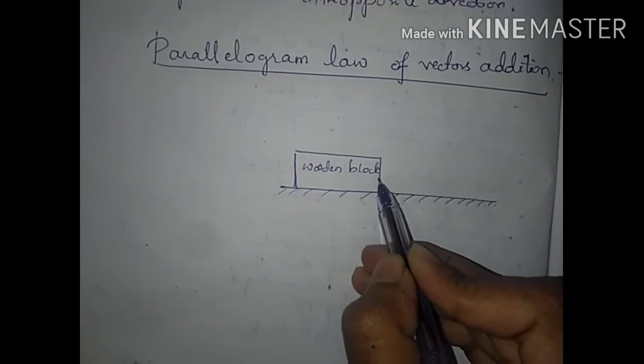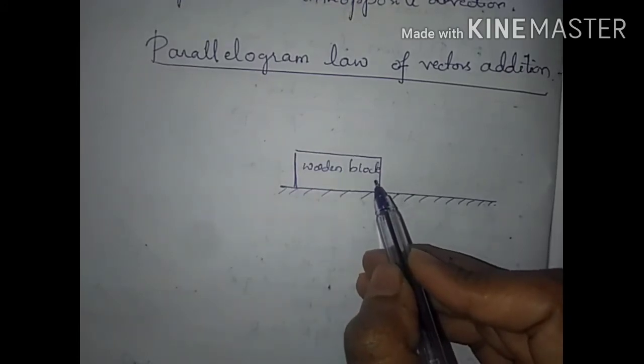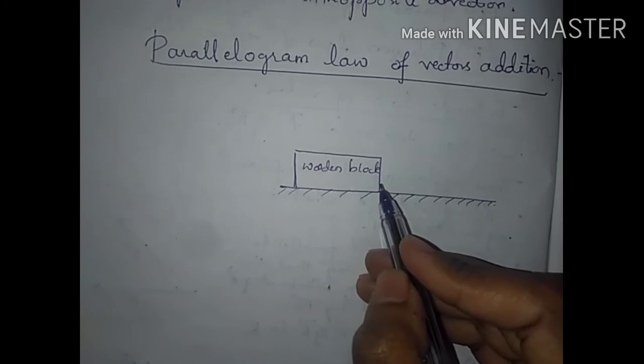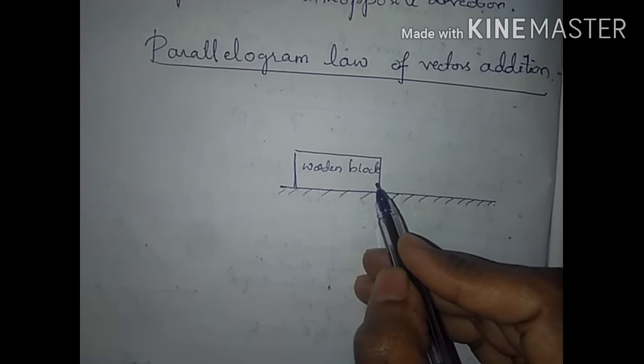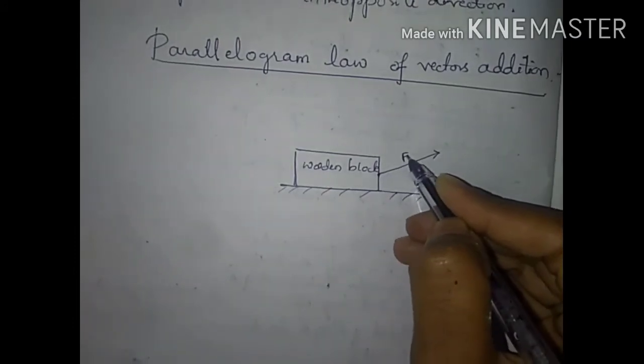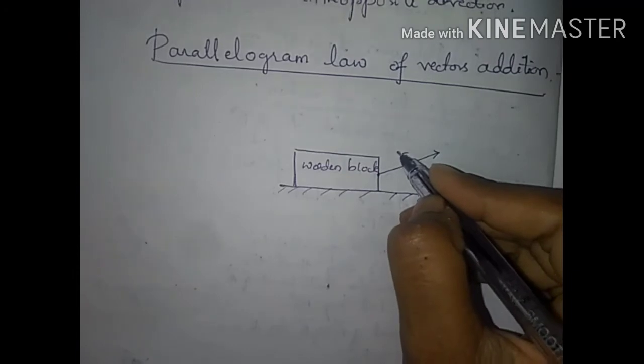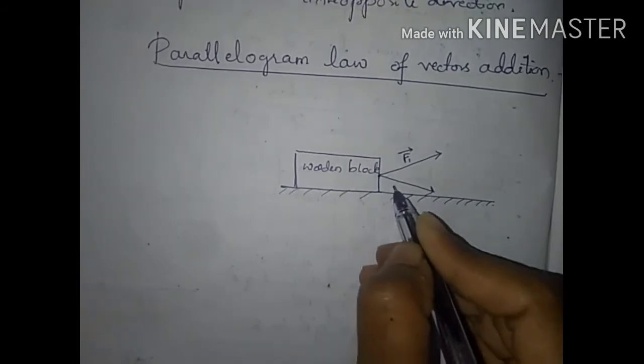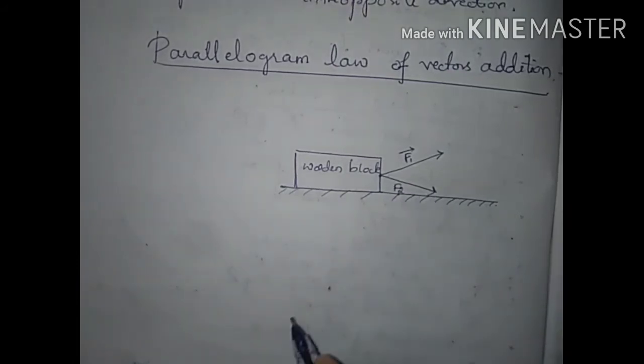Now this wooden block is pulled by two children, with forces F1 and F2, but in different directions. Let's suppose the first child pulls the block in this direction with force F1, and the second child pulls the block with force F2 in this direction.